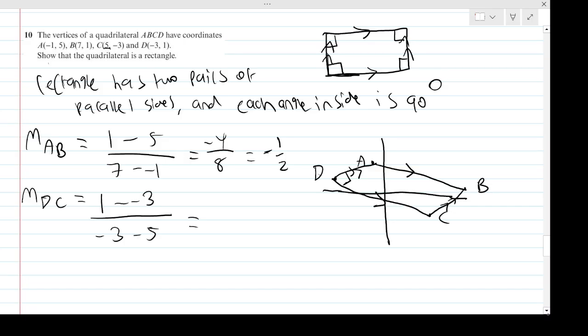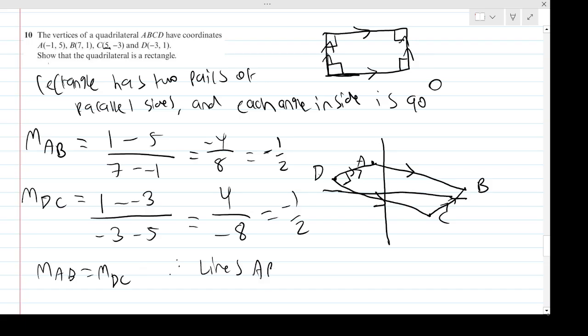And that's going to get me 1 plus 3 is 4, and then minus 3 minus 5 is minus 8, and again that would be minus a half. Great stuff. That means that because these two gradients are equal, I'm going to say m_AB is equal to m_DC, so the gradients are equal. Therefore, lines AB and DC are parallel.